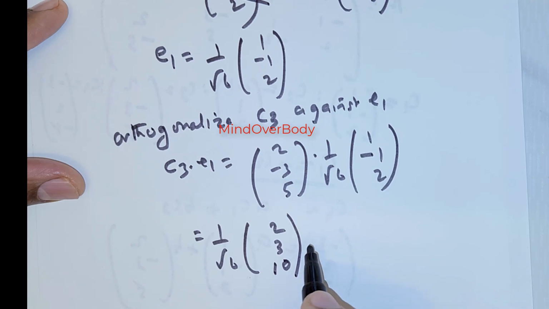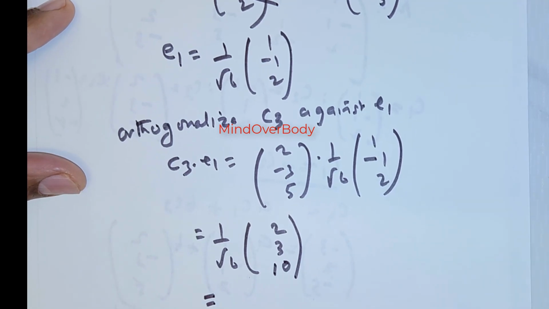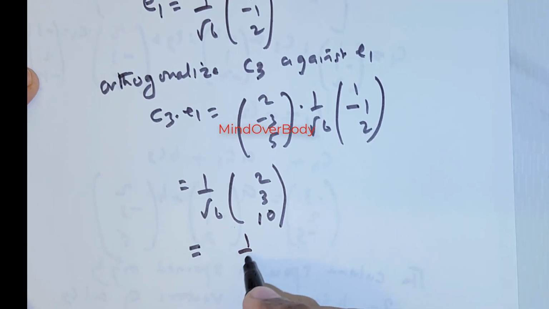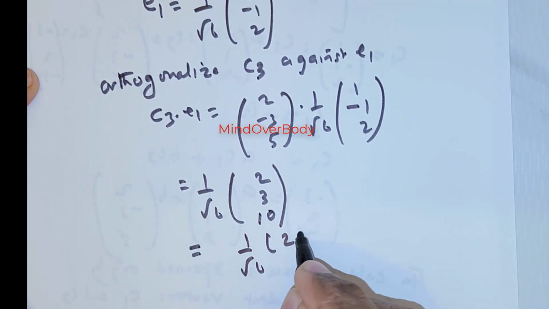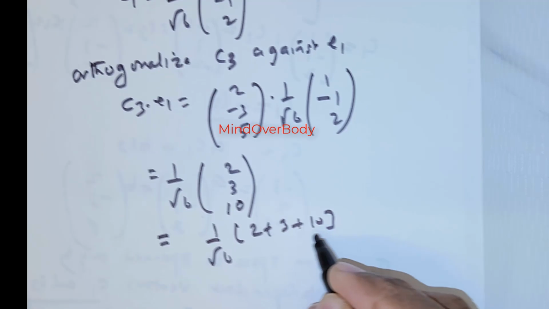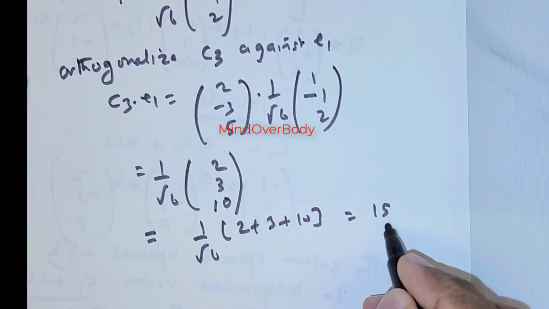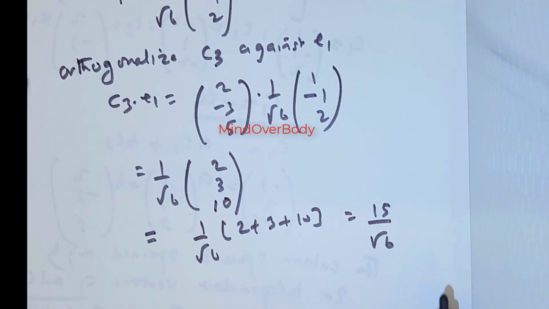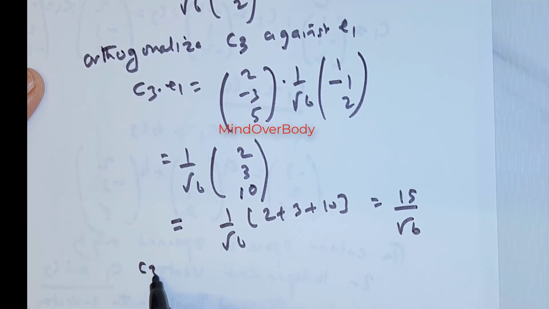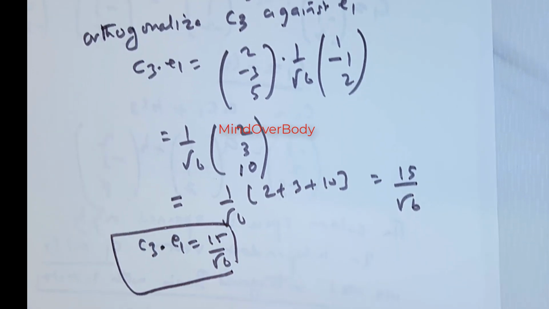So this is the dot product, the sum of 2, 3 and 10, which is 15 over root of 6. So I'll write that C3 dot E1 is 15 over root of 6.